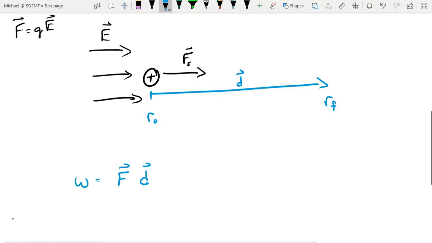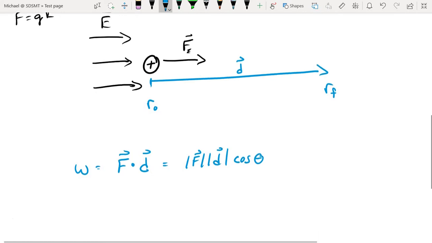Specifically, that force displacement vector combination needs to be in the dot product form, because work is technically a scalar, and the only way that we can take the product of two vectors and turn it into a scalar quantity is if we're using the dot product.